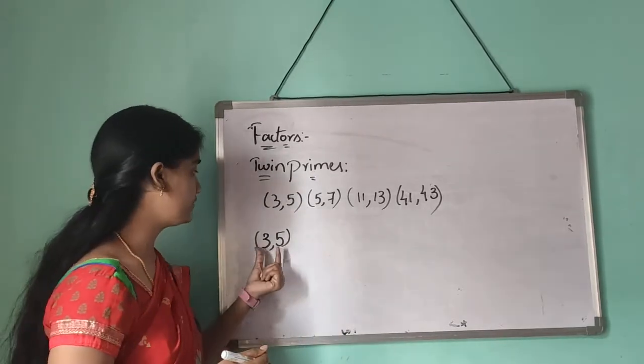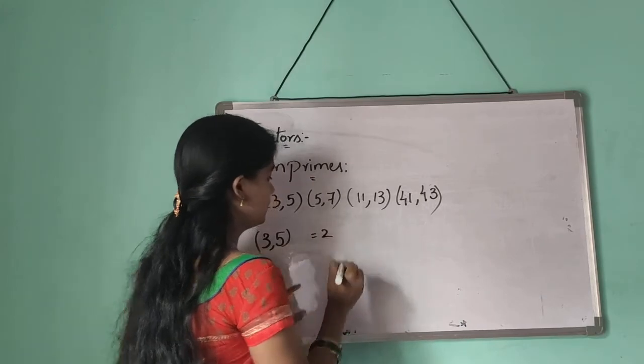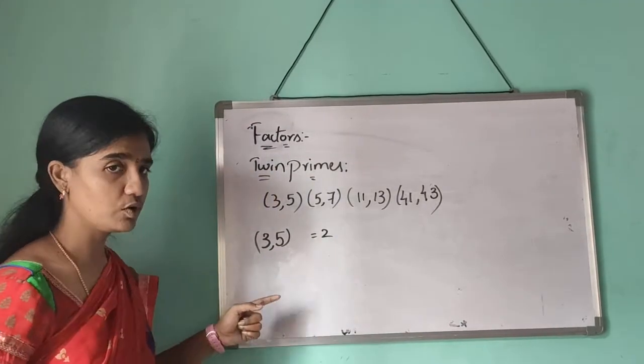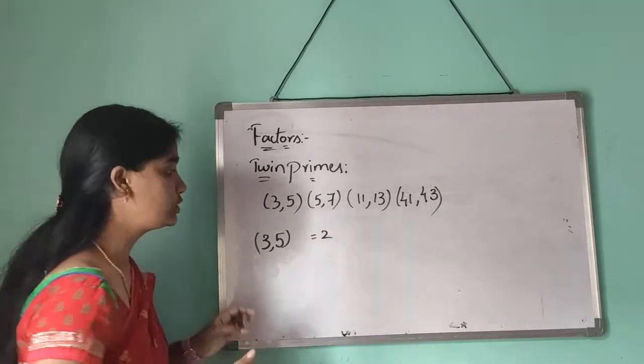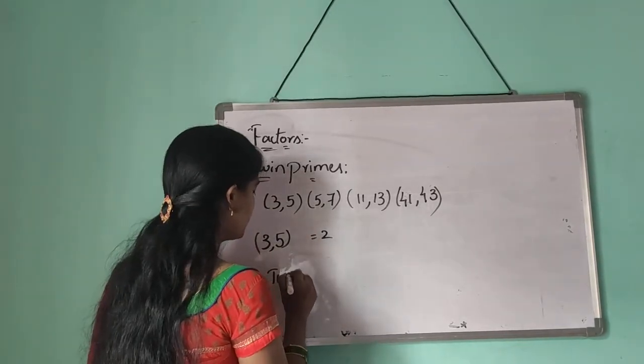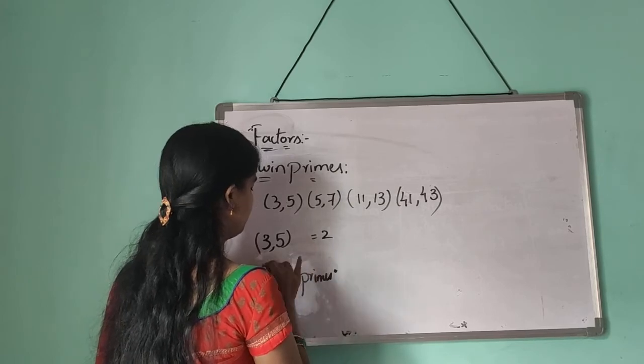The difference between 3 and 5 is 2. So these two together are called twin primes.